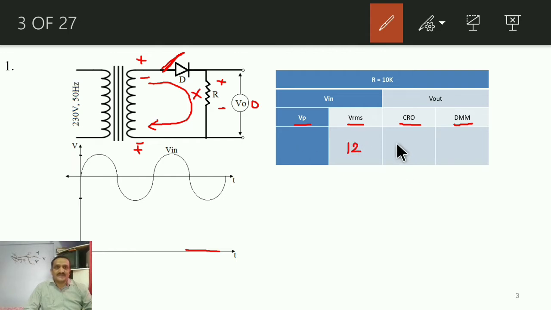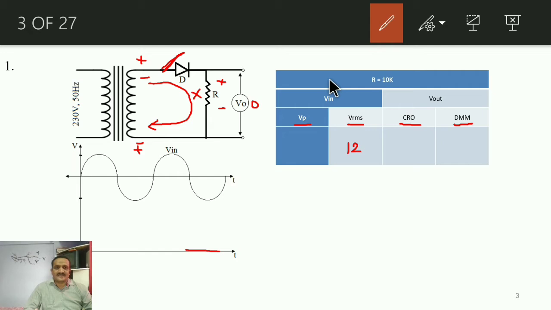If we observe the same signal on CRO, the peak value of the observed output during each positive half cycle only, because during the negative half the output will be zero, will be Vp minus 0.7. That is because 0.7 is the voltage drop across the diode, which is nothing but the barrier potential of that diode.